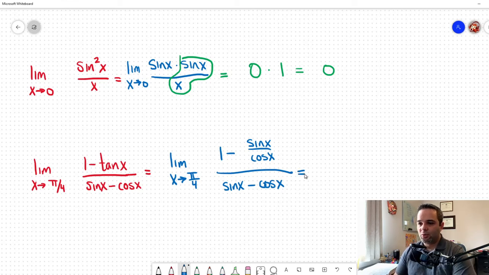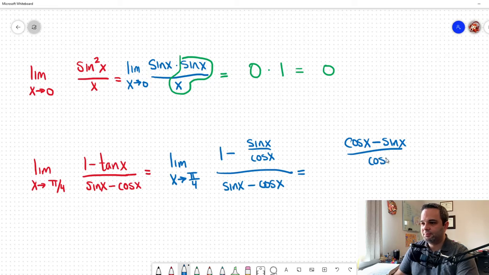So what I'm going to do next is combine fractions. I have the 1 minus sine over cosine, so we want a common denominator. This will now become cosine minus sine over cosine. That's my numerator.